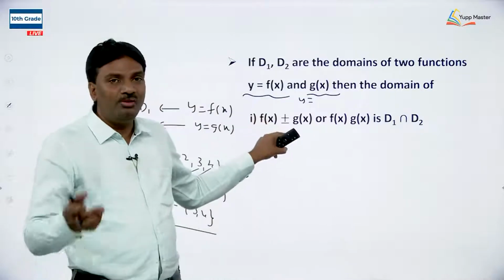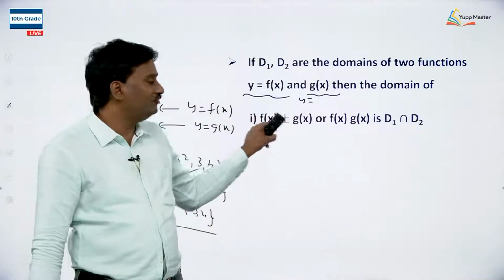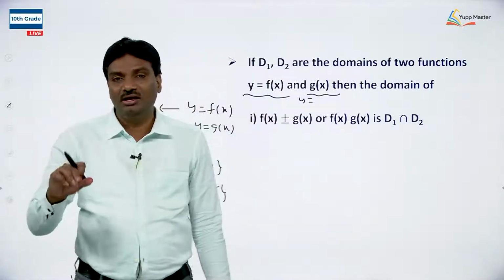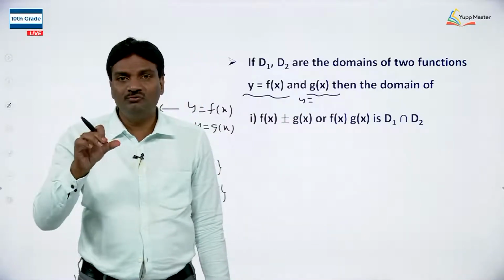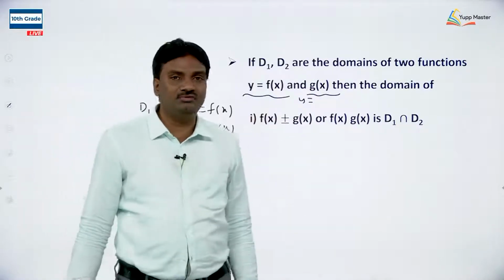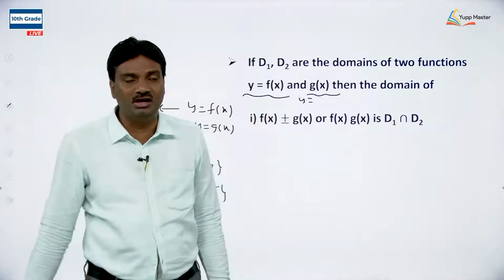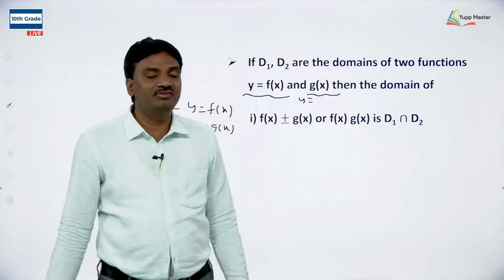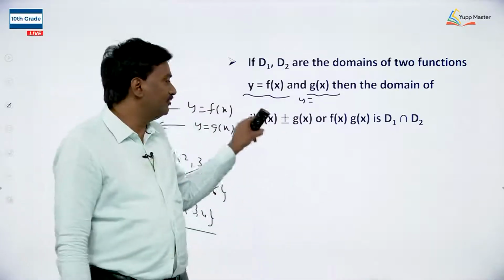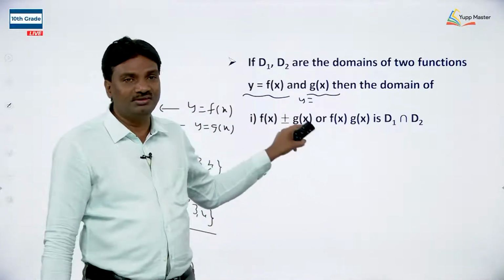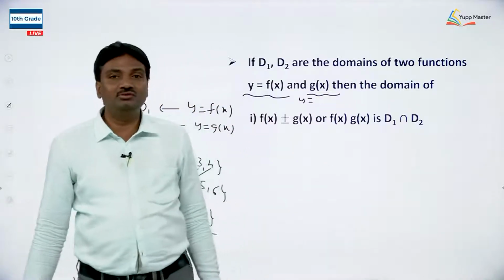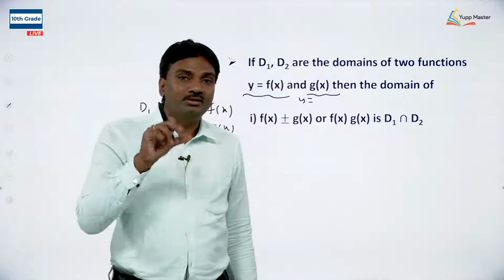So, we may have f of x plus g of x, or f of x minus g of x, or f of x into g of x. If we have two functions in any one of these three forms, the first being f of x plus g of x, find the domain of f of x plus g of x, find the domain of f of x minus g of x, find the domain of f of x into g of x. f of x plus g of x is the sum of two functions, f of x minus g of x is the difference of two functions, and f of x into g of x is the product of two functions.